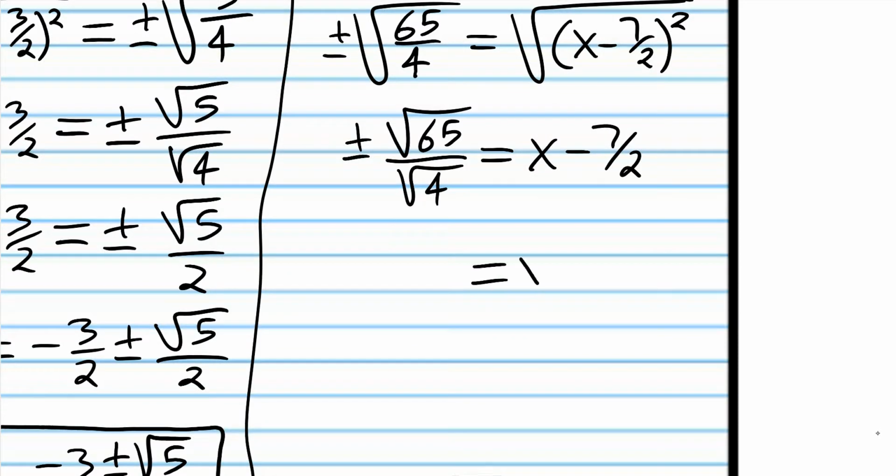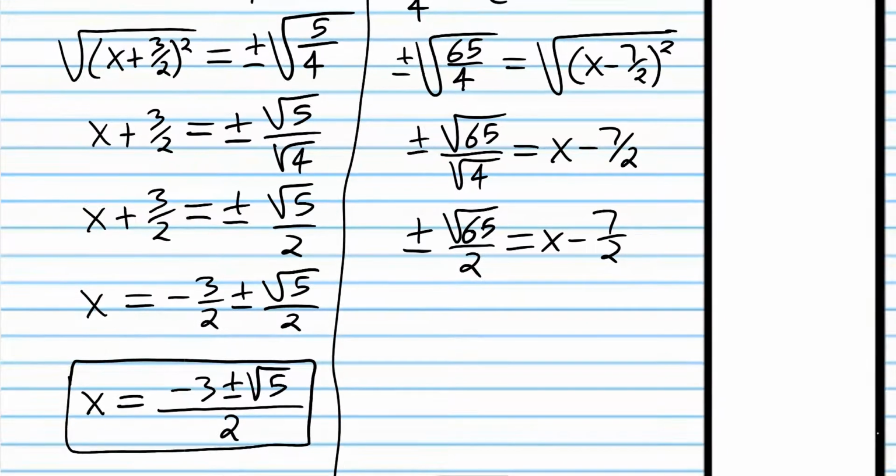And then we're going to add 7/2 to both sides. Actually, we should probably simplify that first. And then add 7/2 to both sides. We get 7/2 plus or minus square root 65 over 2.